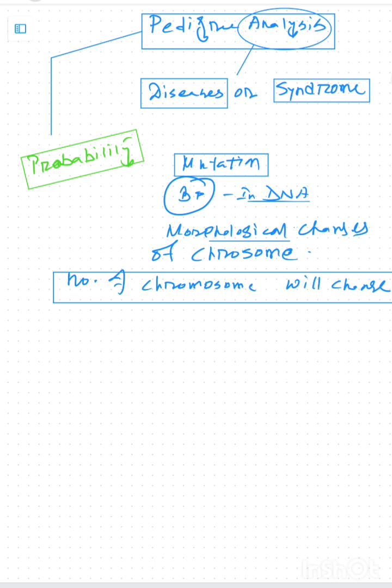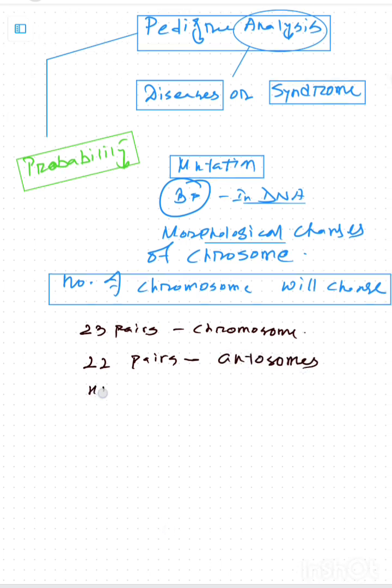As you are in class 12, obviously I don't need to explain about autosomes and sex chromosomes. We have 23 pairs of chromosomes, out of which 22 pairs are autosomes, and XX in case of female and XY in case of male will be one pair.